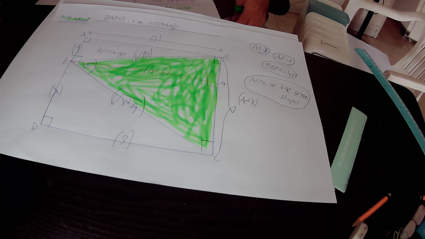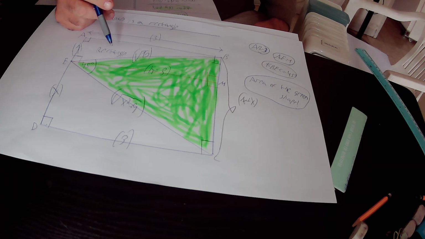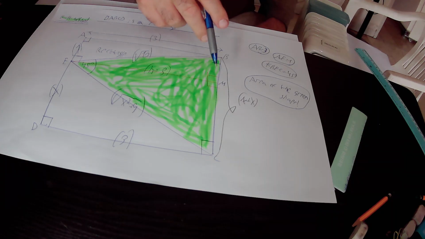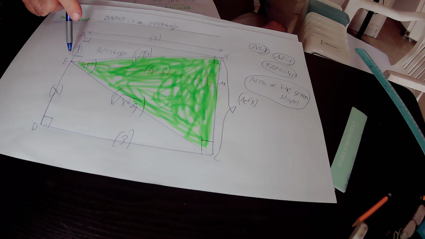So we calculate the area of this green triangle EBC in 2 different ways, and then here is an equation that says that the area of this green triangle EBC according to the first method of calculation must be equal to the area of the same green triangle EBC according to the second method of calculation. In the first method, the area of triangle EBC is equal to the base BC times the height ME, this is H, over 2.